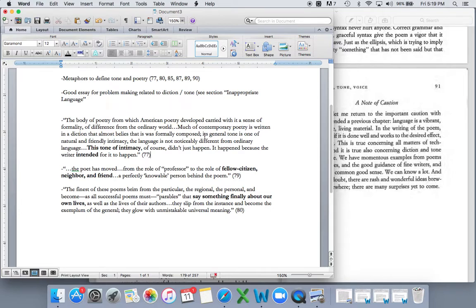She says its general tone is one of natural and friendly intimacy. The language is not noticeably different from ordinary language. And this tone of intimacy, of course, doesn't just happen. It happened because the writer intended it to happen. Now, part of this idea of this general tone, natural friendly intimacy, this letters to a friend, might help you in one way or another talk about poetry and how readable it actually is to your audience.